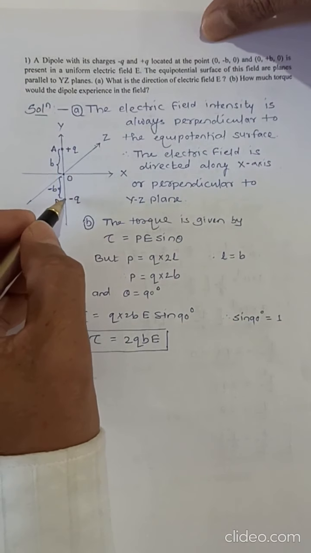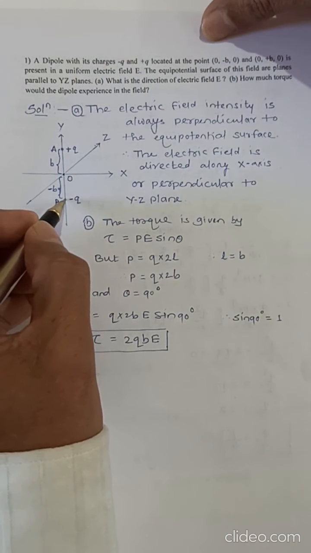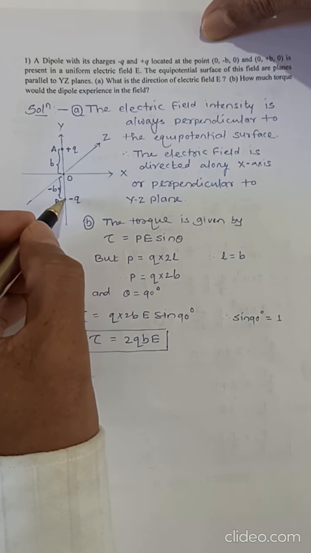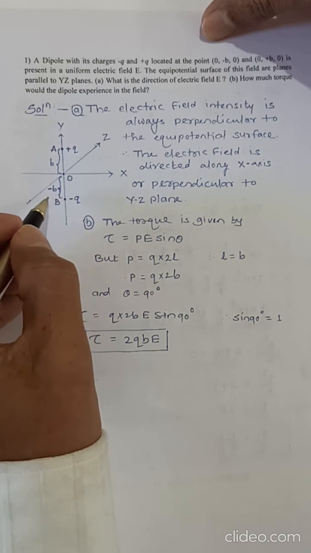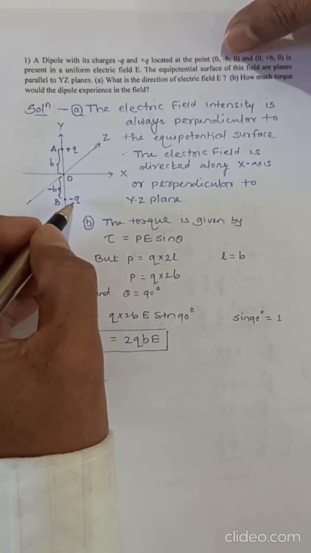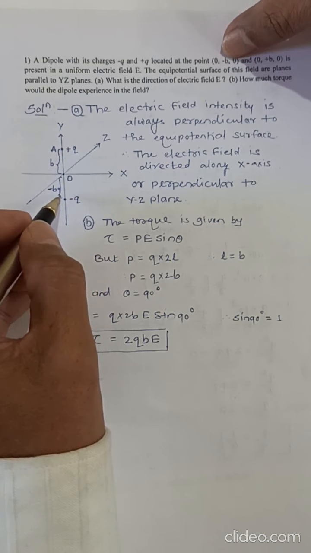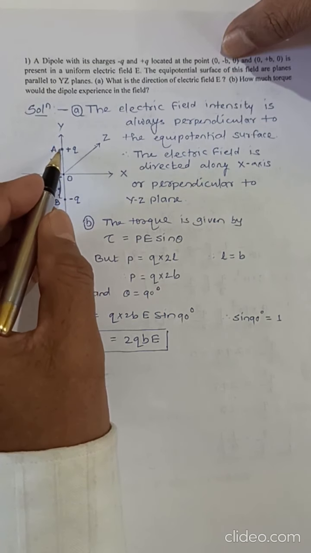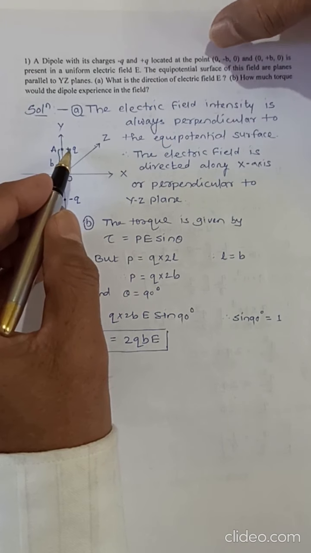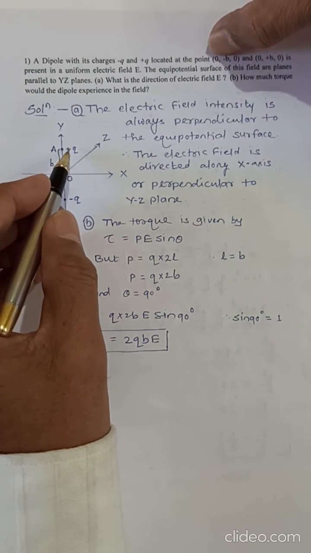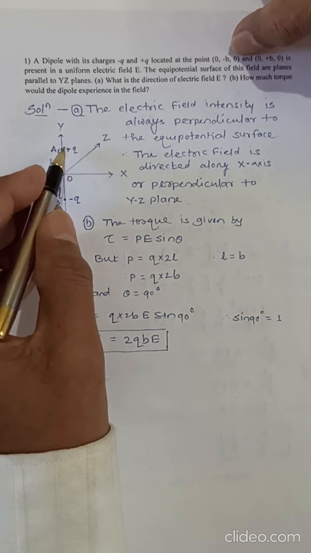So along this axis the y coordinates are negative. So suppose at point B the charge is minus q and at point A the charge is plus q. So these are the coordinates 0, minus b and 0.